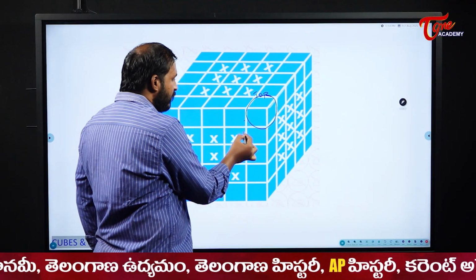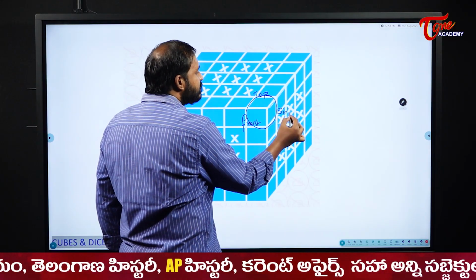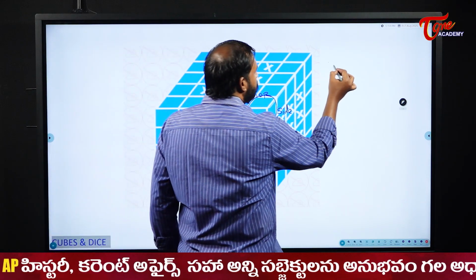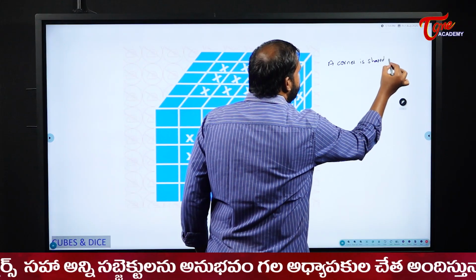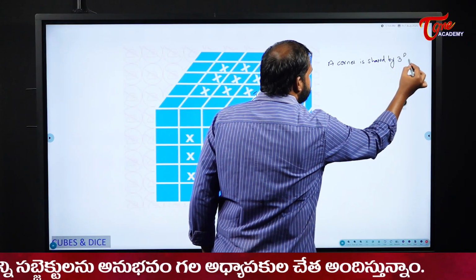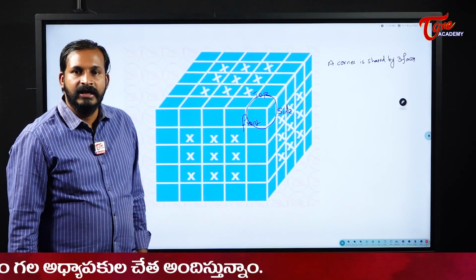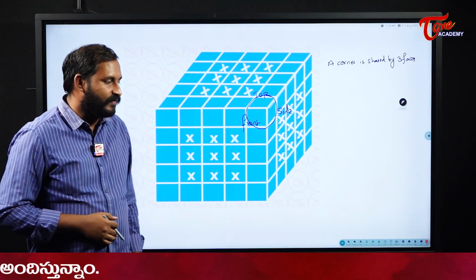Assume this is a front. It is shared by this front. And this is the side. That means a corner is shared by 3 faces. Understood? Okay, sir. A corner is shared by 3 faces.